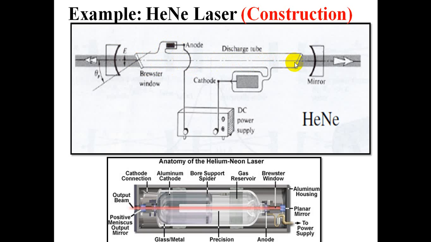These accelerated electrons collide with gas atoms of the active medium and induce transition to a higher energy level to achieve the condition of population inversion and stimulate the laser emission.